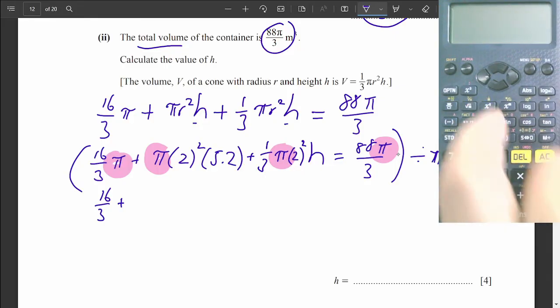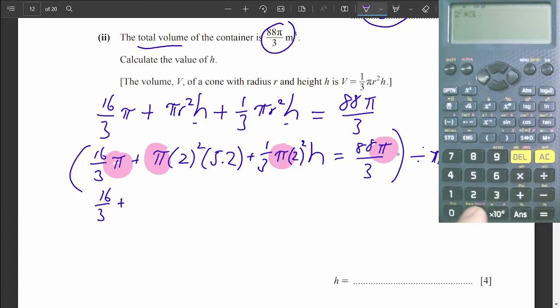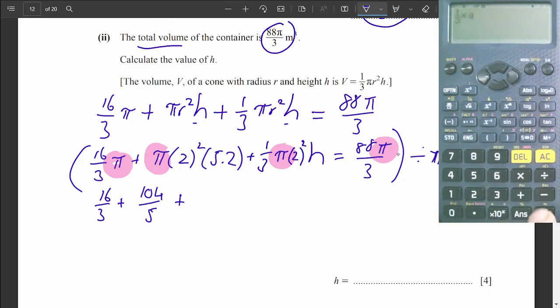We can do 2 squared times 5.2. That's 104 over 5. And we can simplify this. That's a third, which of course is 4 over 3. h equals 88 over 3.